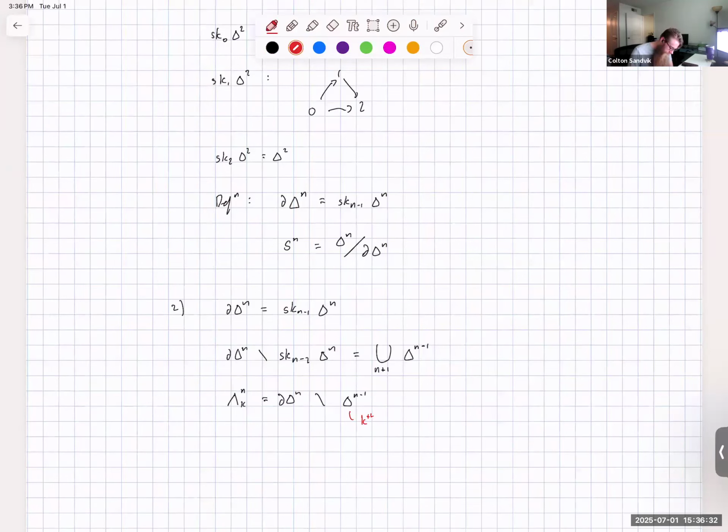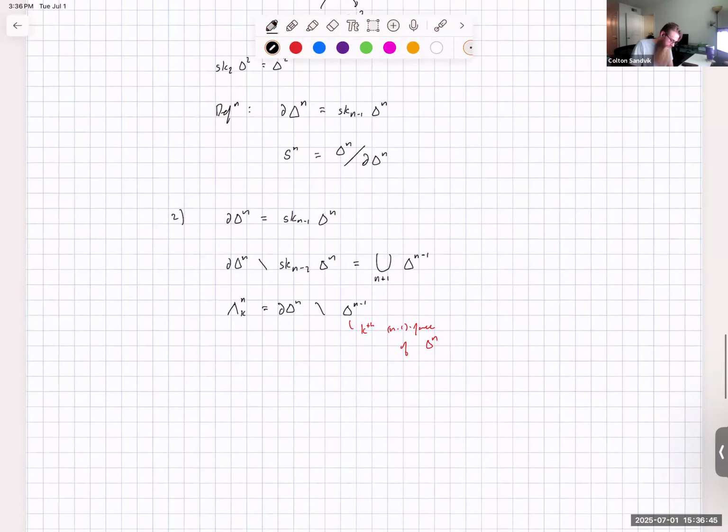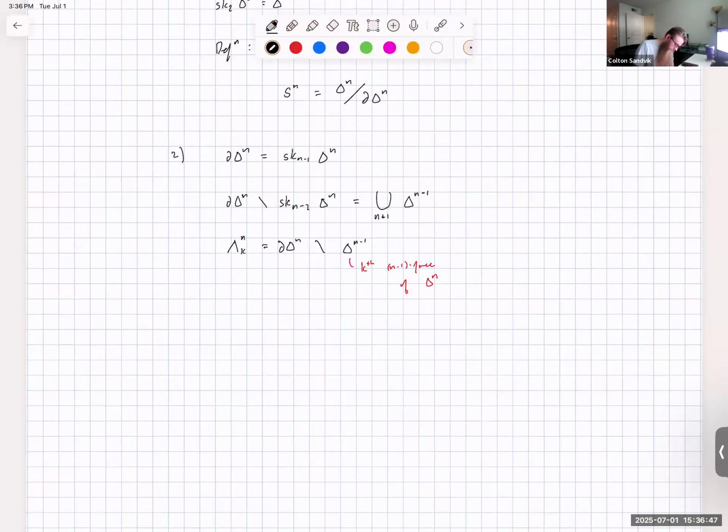This is the kth n minus one face of, say, delta n. To make this more clear, we have our 0, 1, 2. This is the boundary of the two simplex. And so then we have three different horns we can define.